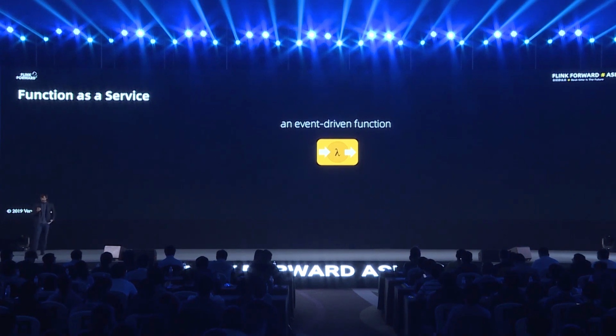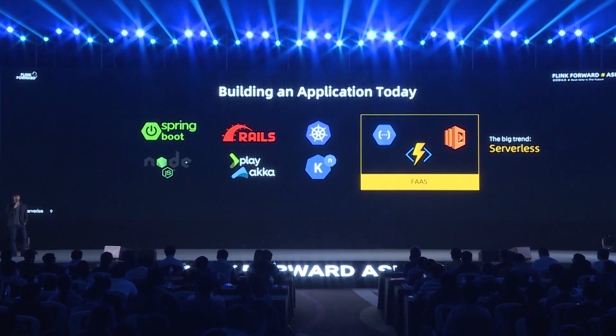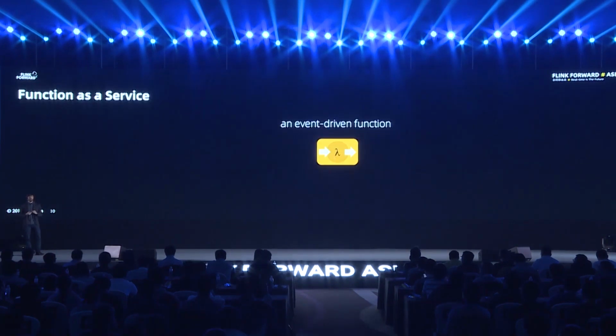So that was a point where we thought, okay, this is interesting. We see Flink being used for the computation, for the data processing, computing the real-time statistics, and then users are loading that into some other storage, and they're running their applications in a separate system, and they really like to build it on something like functions as a service.